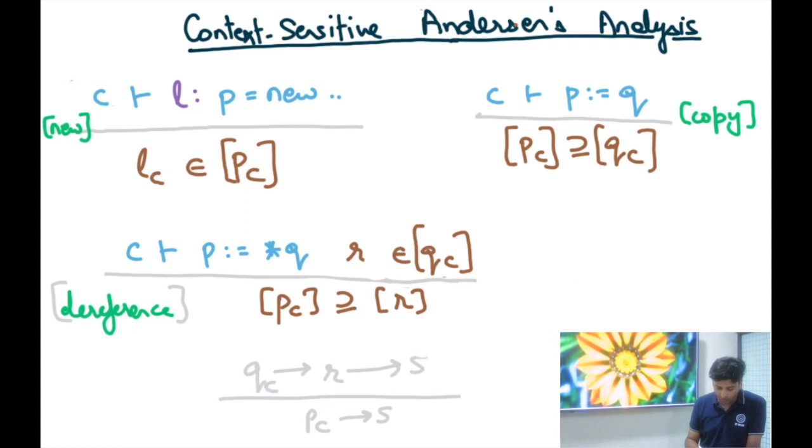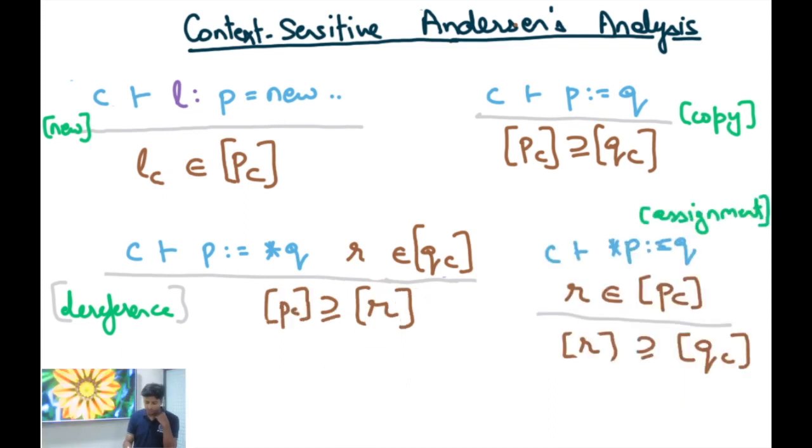So if QC could point to R, and R could point to some other object S, then PC should also point to S. That's what the conclusion says, that whatever are the outgoing edges of R should be added to the outgoing edges of PC. Alright, that's dereference.